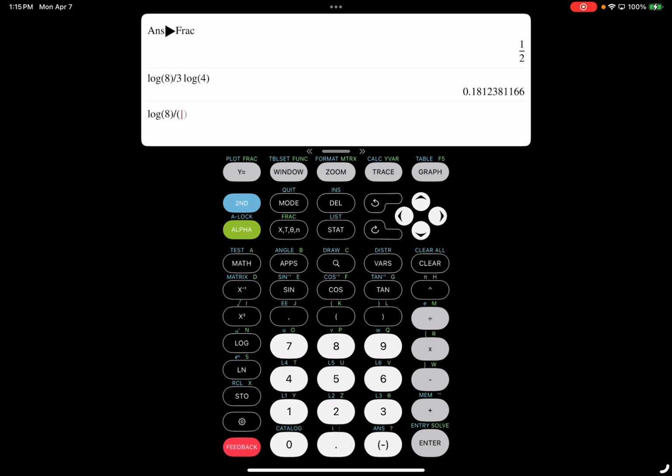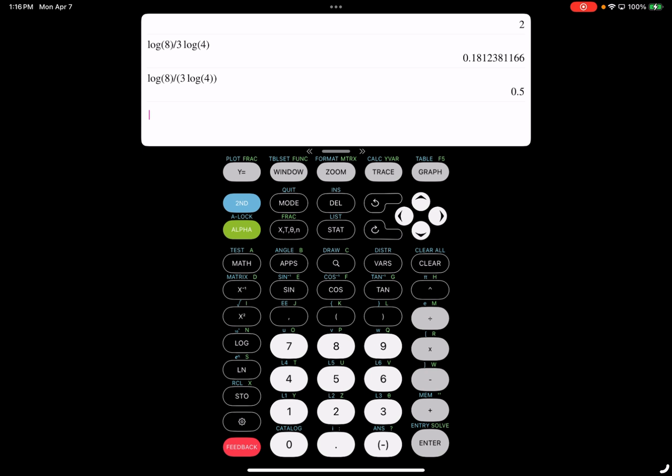And then you go 3 log, and then you got a 4, and you got to close the parentheses for the log, but then you got to close the parentheses for the what? The bottom. You got to put the whole bottom in parentheses to make sure it gets divided by all of it. Or instead of doing that, use alpha X, and then you don't have to worry about that.